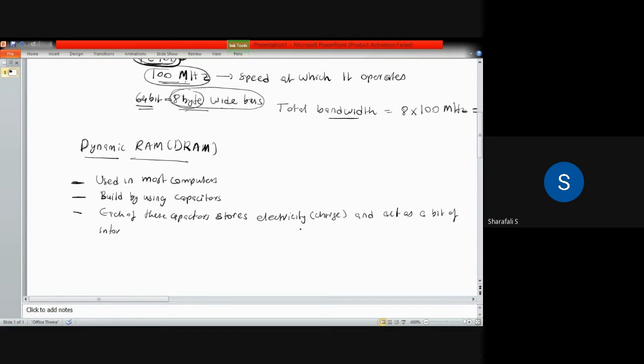I'm talking about this electricity. This electricity or charge will act as a bit of information. So one bit of information is stored when you are having a charged capacitor.